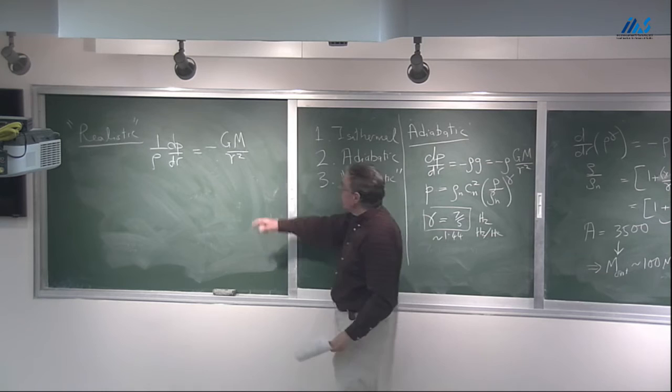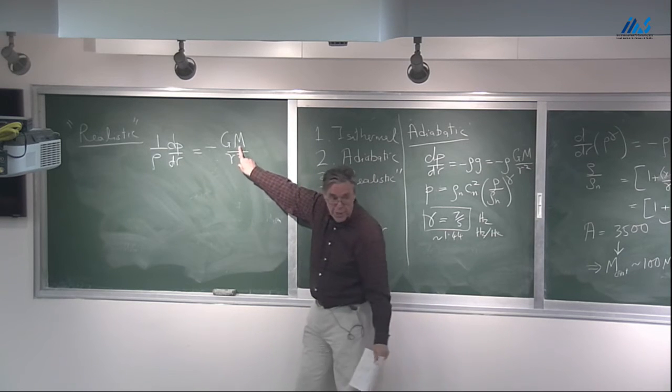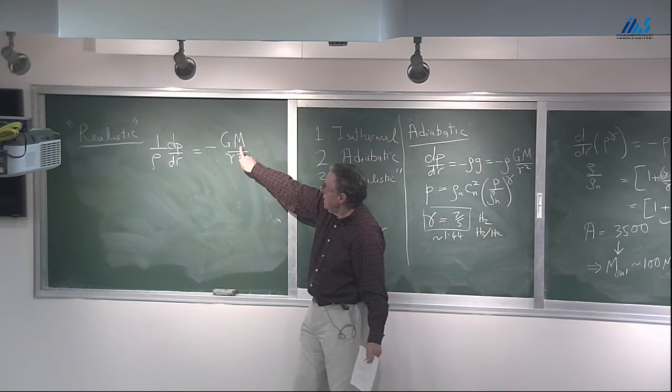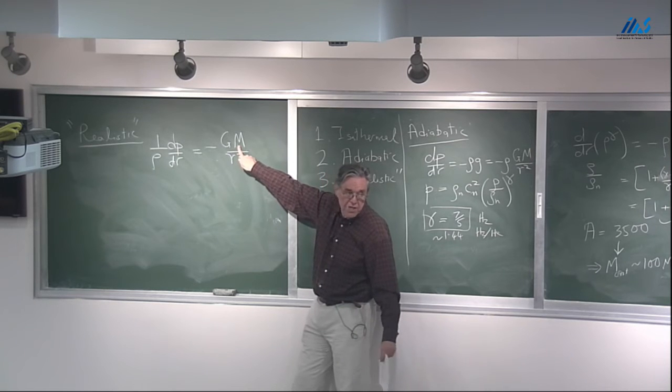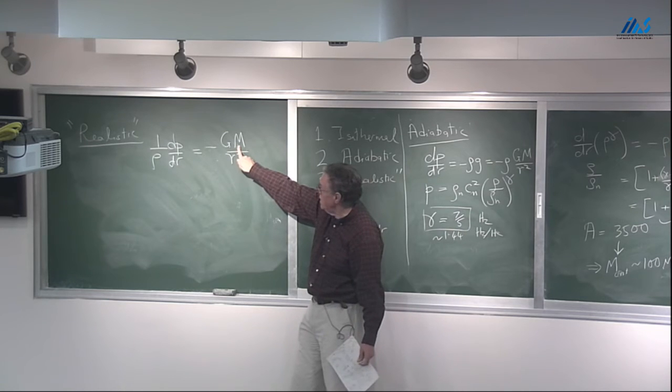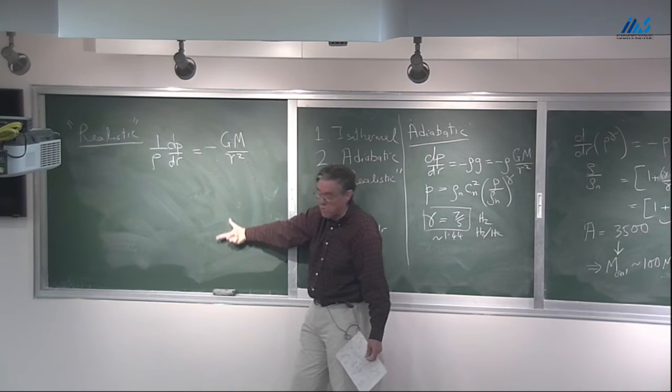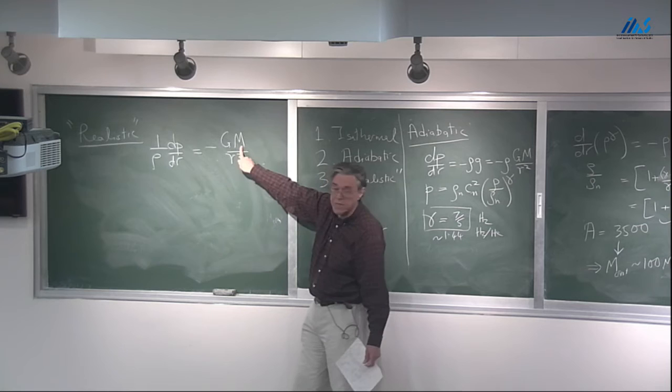You can cheat to some extent and say, well, this is really more like the total mass. There are some cases where you can do that. It depends on how the gas is distributed in the envelope. But the formalism I'm going to give you certainly treats this as a constant.